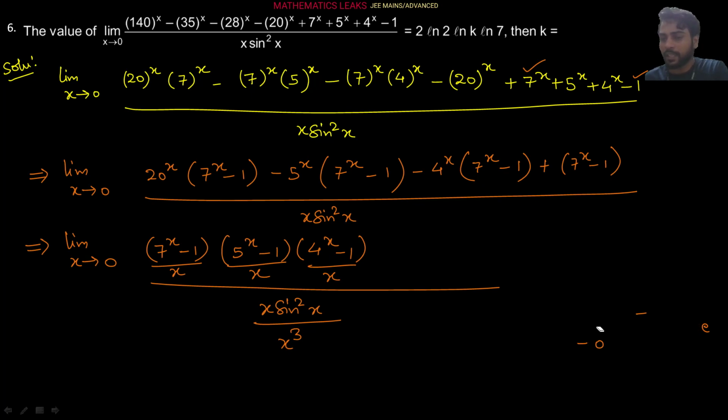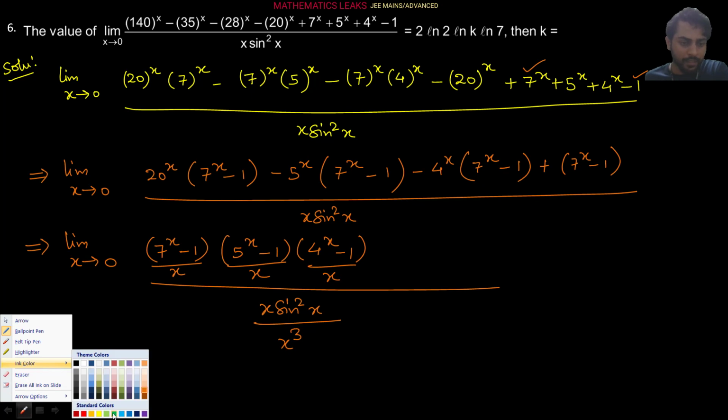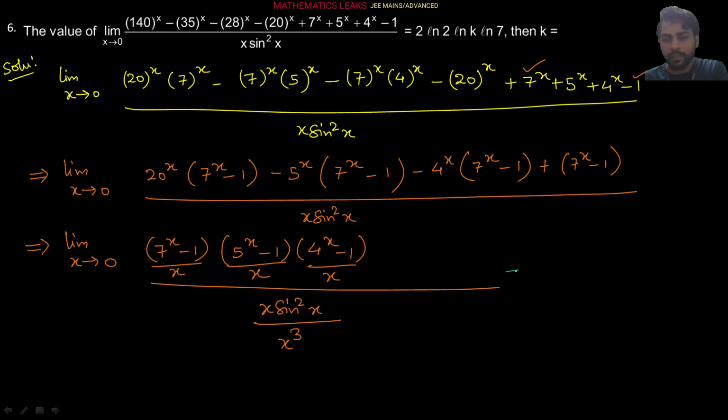So this will become here, you can observe, log base e of 7 into log base e of 5 into log base e of 4, clear? And in the denominator, if you see, this x and this cube are cancelling, 2 is coming here, so this is sine square x upon x square.